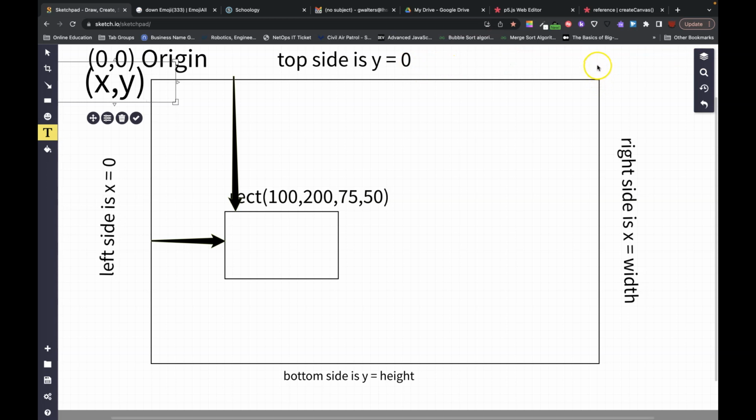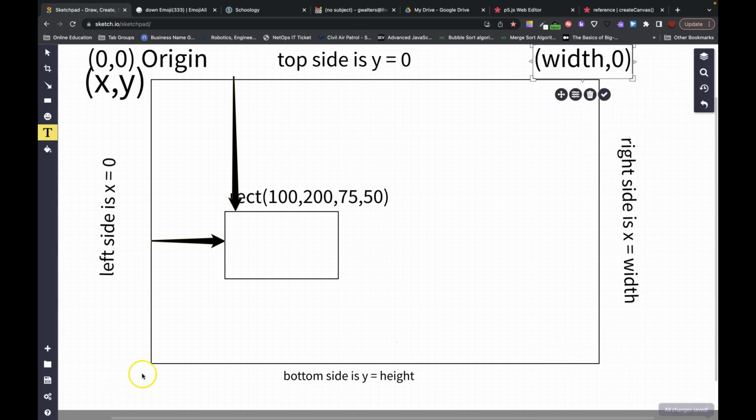But now my x is towards the right side. So as a coordinate pair, my x is width, my y is 0. That's for my corner right there.